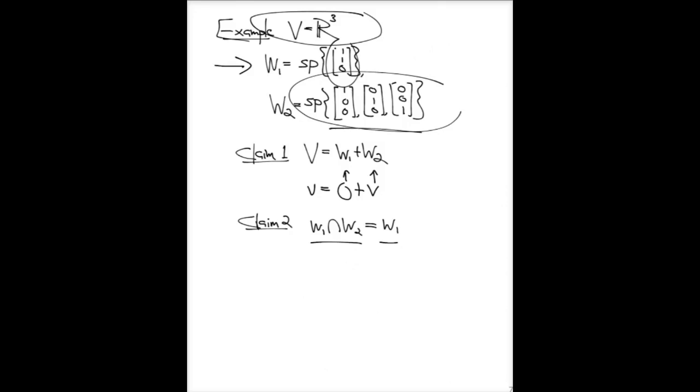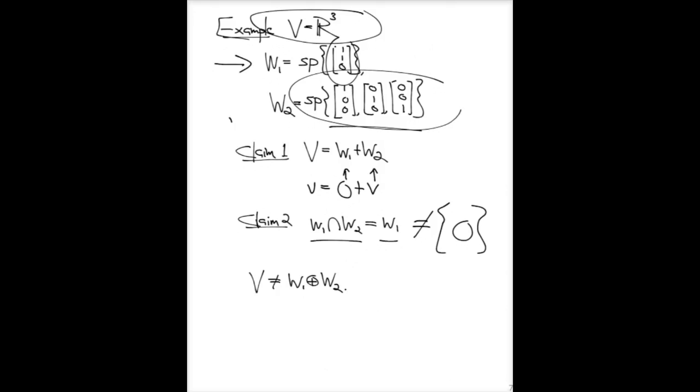In particular, if you believe that, then you can agree that this thing is not the zero vector. That is, the second condition for direct sum is not satisfied here. So although V is the sum of W1 plus W2, it is not the direct sum of W1 plus W2.